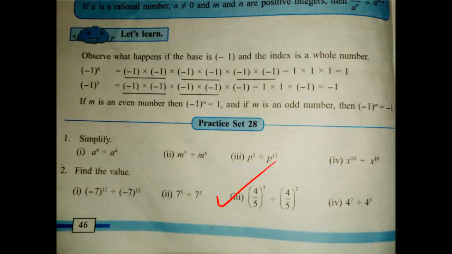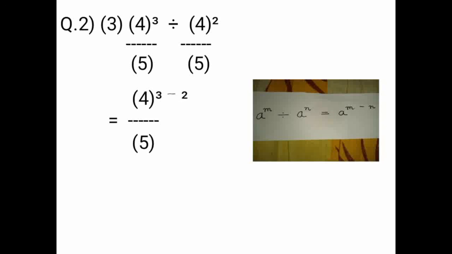Next, 4 upon 5 raised to 3 divided by 4 upon 5 raised to 2 is equal to 4 upon 5 raised to 3 minus 2, is equal to 4 upon 5 raised to 1. 4 upon 5 raised to 1 means answer is 4 upon 5.